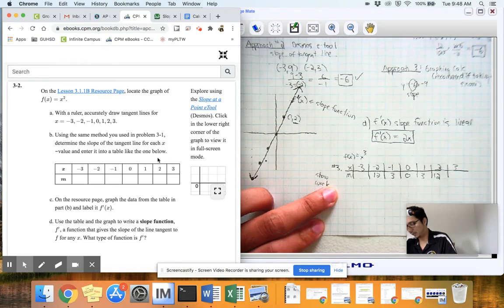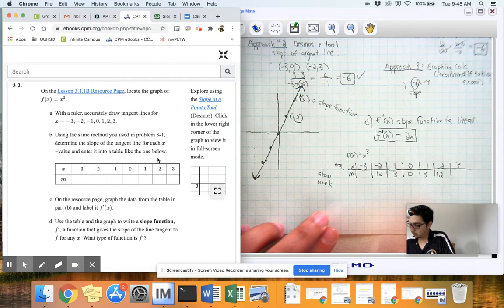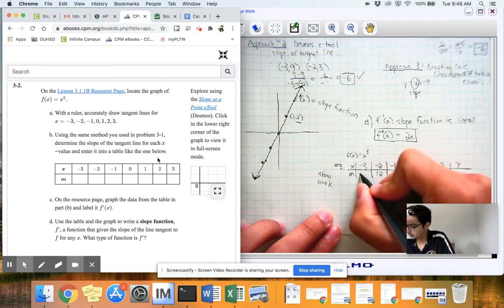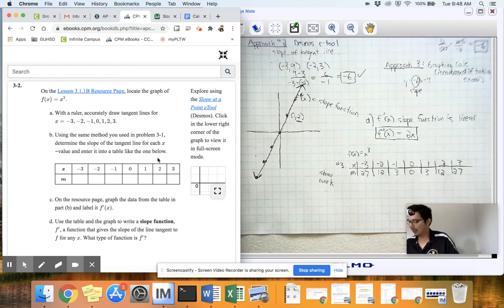And I think if you did the next one, write this down, negative 3, you'd be at 81. No, that's not right. 27. All right. So that's what you should get for the next one. It's okay if you don't do the negative 3.